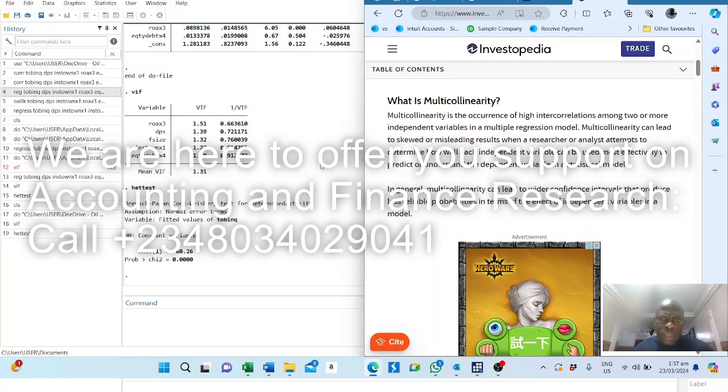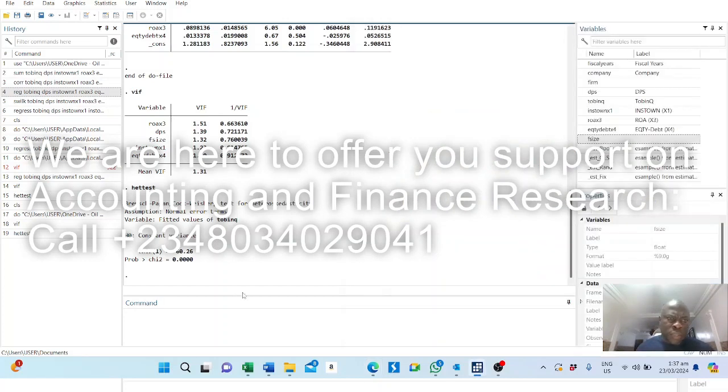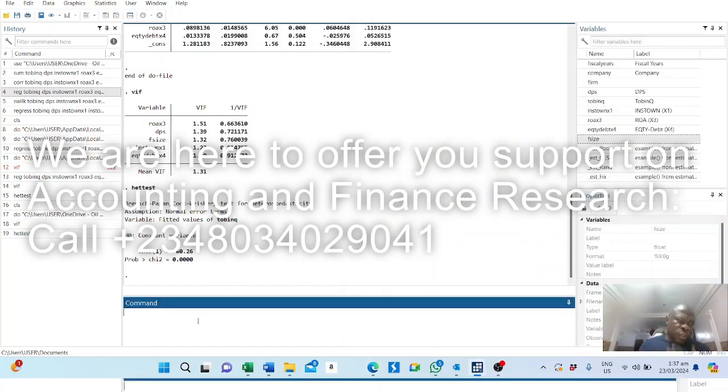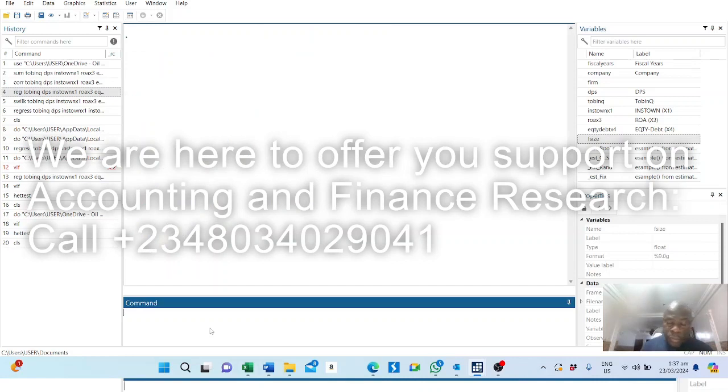So, having sorted out the issue of definitions, we'll move into our Stata software. In continuation of the study, we will now carry out two post-estimation tests: the multicollinearity and the heteroskedasticity test.